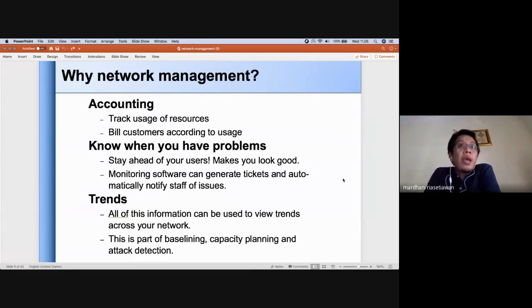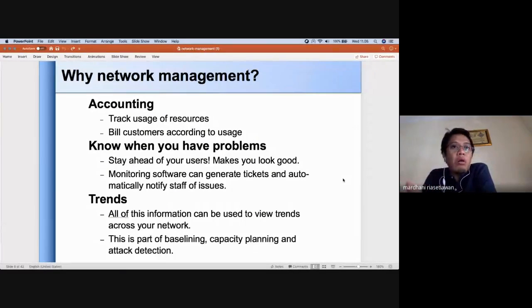And then know when you have a problem. So you need to stay ahead of your users, and monitoring software can generate tickets and automatically notify staff of issues. This is for very fast issue handling on network errors. Yeah, so we need to take a look at trends. It's like analytics.